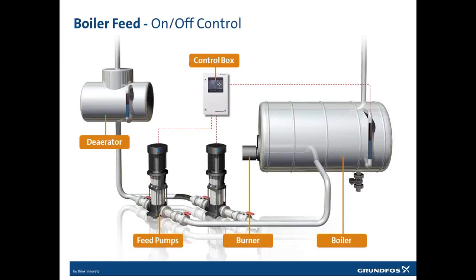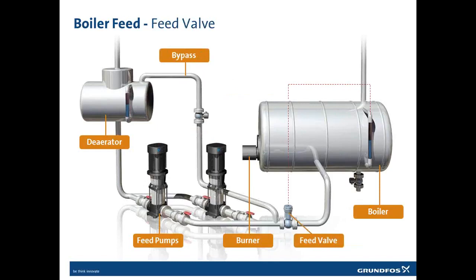That was on-off control. Then we go further to the feed valve system. We still have our deaerator here on the left, our feed pumps, and our boiler, but now we have equipped the pipe to the boiler with a feed valve.